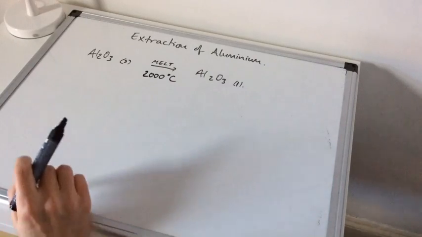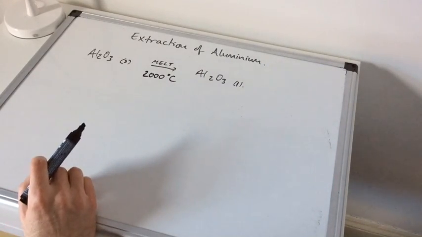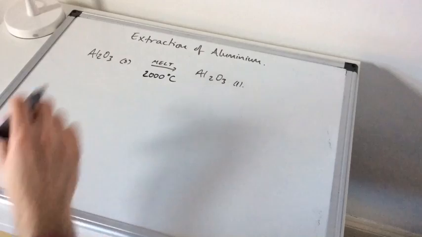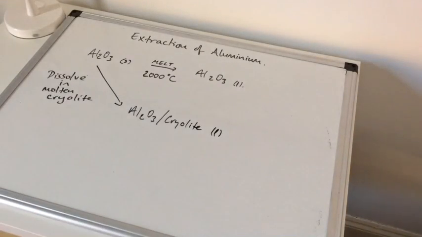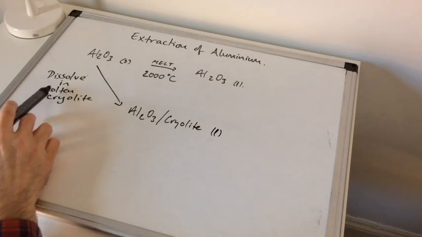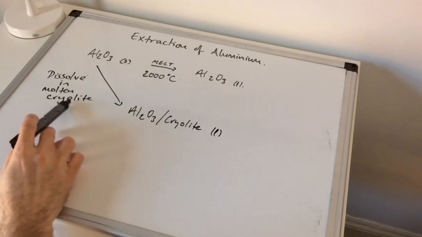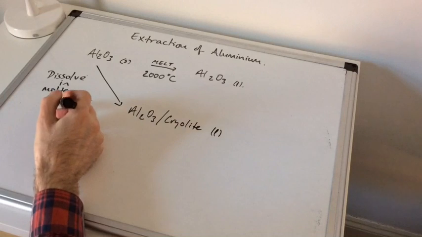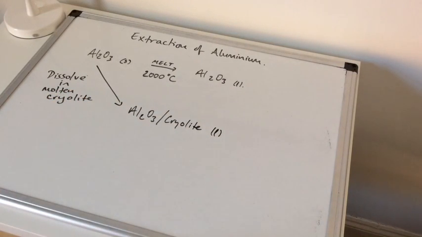So they're going to spend a lot of money and use a lot of energy to make that happen. So instead of doing that, they dissolve it in a substance known as cryolite, and that needs to be molten. Cryolite is a less common ore of aluminium.